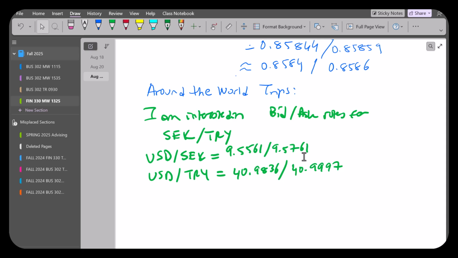So this bid offer spread is about 0.209% spread. Since the scales are different, you never want to calculate the spread directly. 40.9997. And this is about 0.209%.